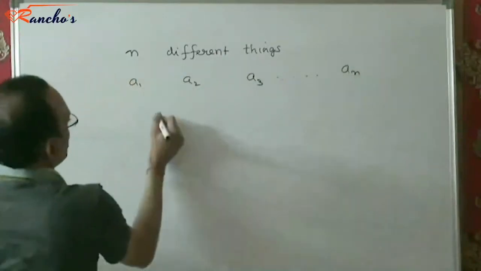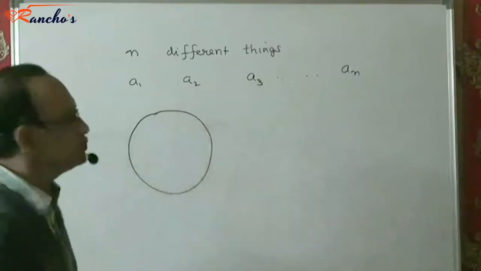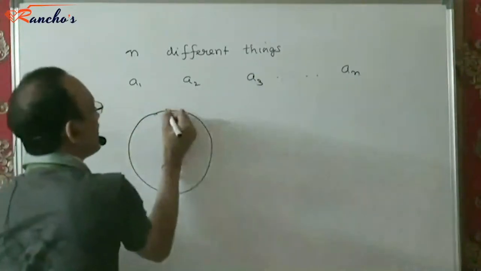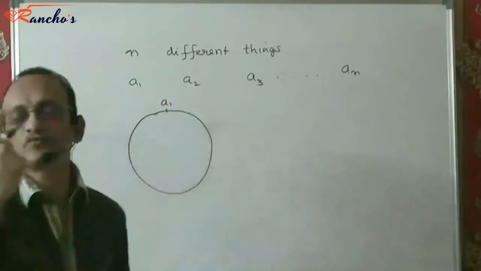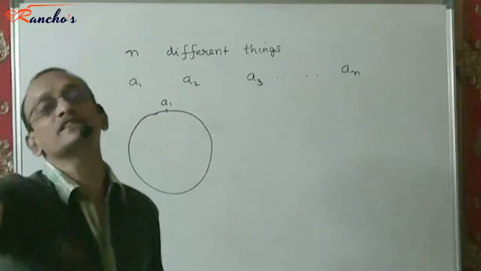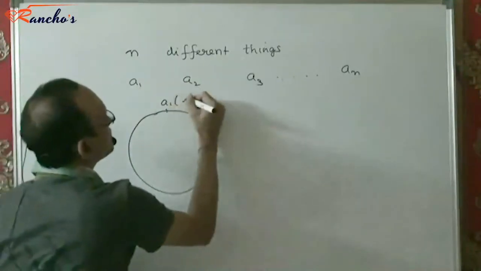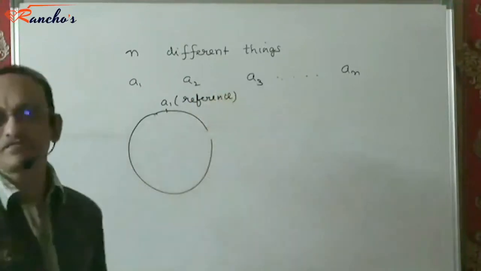And I had to arrange them in a circle. Then what is it that I do? I fix one position for A1. There is only one way I can fix a position for A1, because all these positions on the circle would be deemed the same when there is nothing on the circle. So I fix a reference point. One of them becomes a reference point.